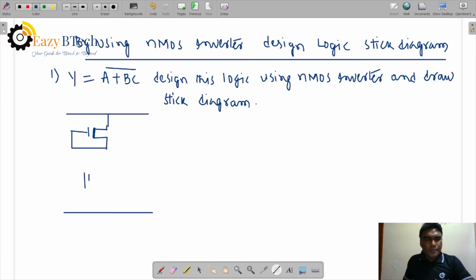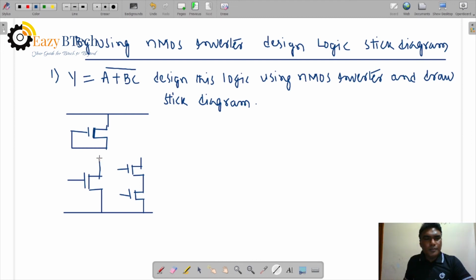So A is parallel, and B and C are series, the AND logic. Let me draw here, taking some space.